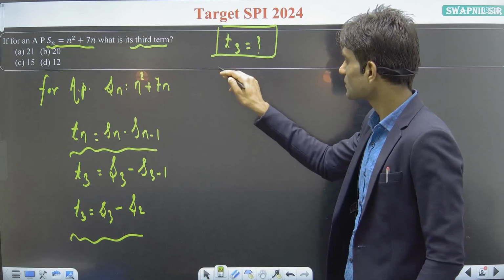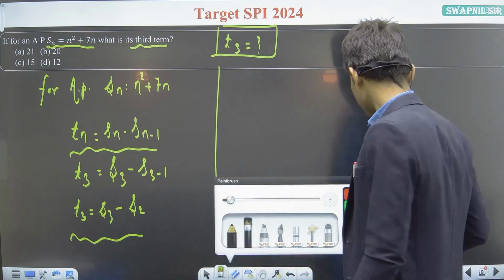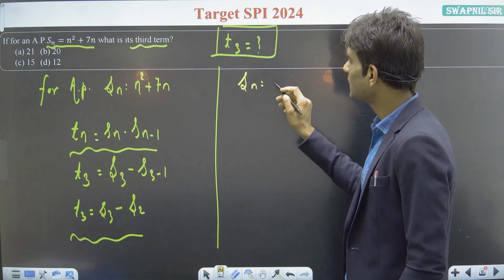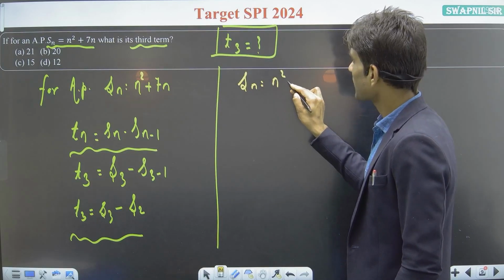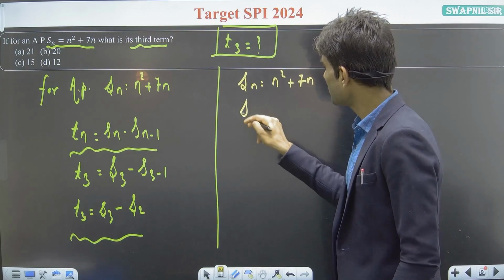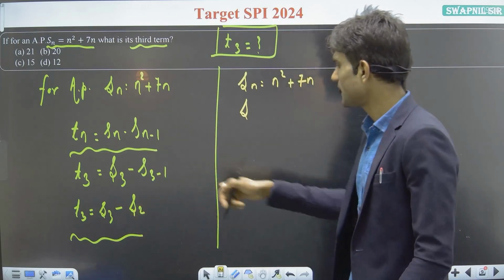The sum of n terms given is n square plus 7 times n. We want the sum of the second term and the third term.